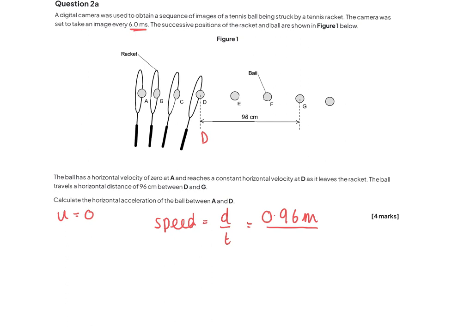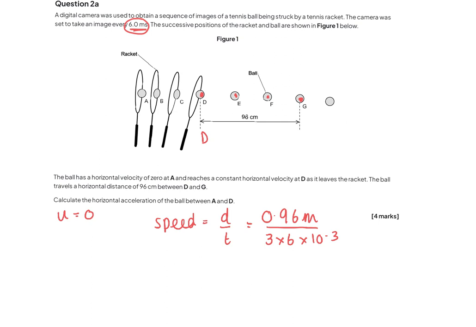And the time that it's taken, we're going to work that out from this 6 milliseconds. So if we count 1, 2, 3, it's going to be 3 times 6 milliseconds times 10 to the negative 3. So there's just 4 images if you include the D. But we don't need to include that. How much time has passed is only going to be 3 times 6 milliseconds.